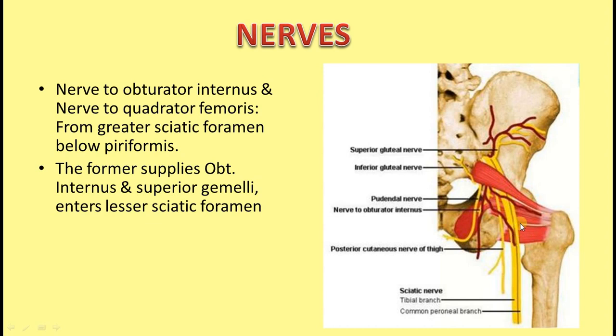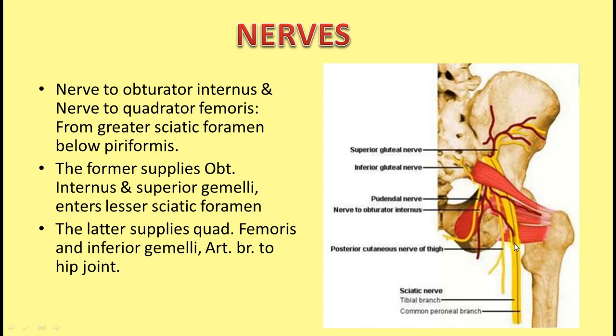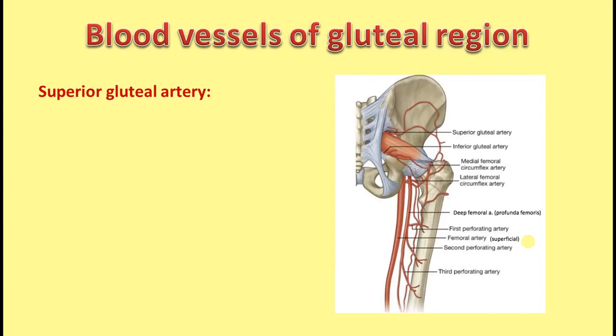This one supplies the inferior gemelli and the quadratus femoris, and the nerve to quadratus femoris again gives an articular branch to the hip joint. So, nerve to quadratus femoris supplies quadratus femoris, inferior gemelli and gives an articular branch to the hip joint. So, nerves, we have seen superior gluteal nerve, inferior gluteal nerve.